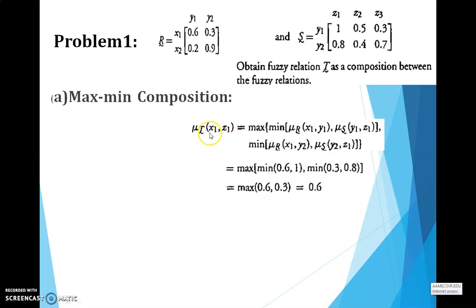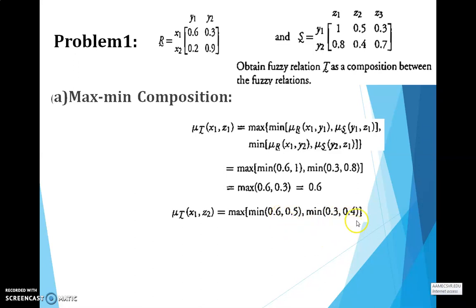Take the second one, x1 to z2. So 0.6 with 0.5, x1 to y2 0.3, y2 to z2 is 0.4. The minimum value from the first two is 0.5, and here 0.3.